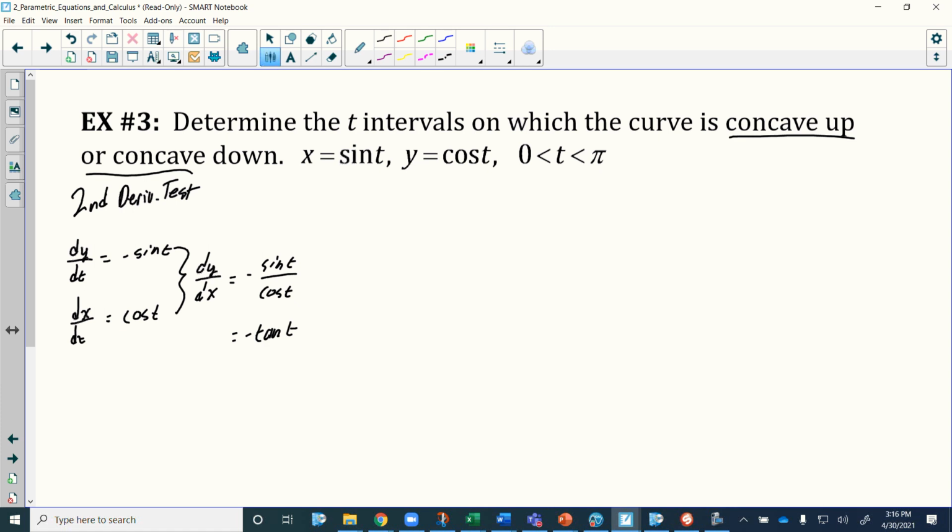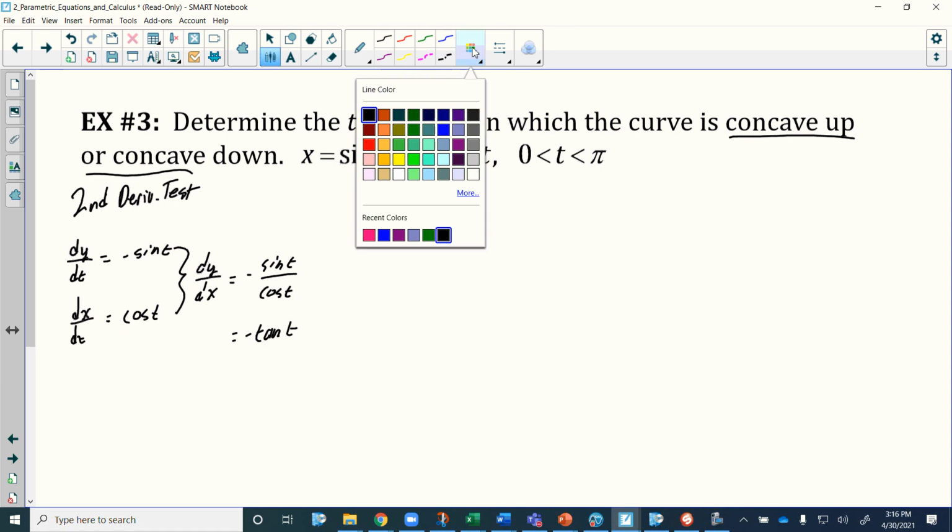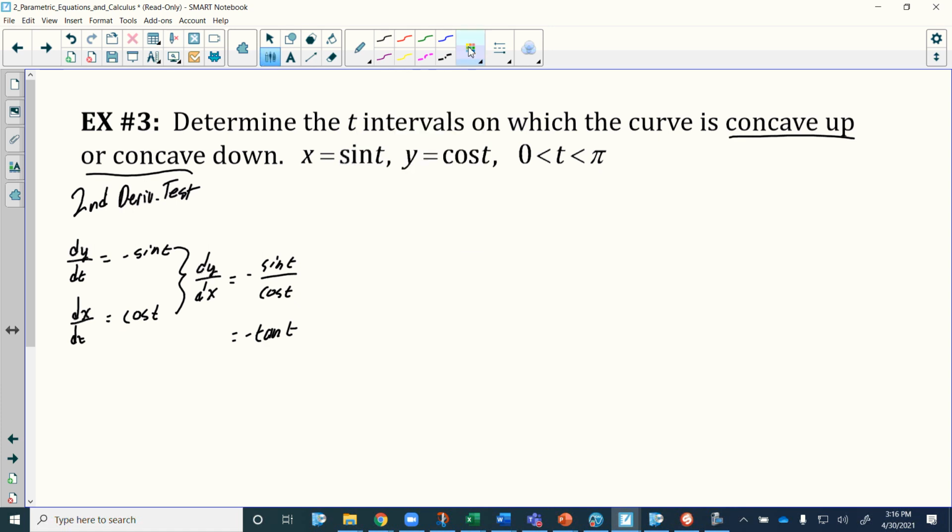So now we're going to find our second derivative. We'll do that in a different color, in green. The second derivative, d squared y over dx squared, remembering what we had before, is d/dt of dy/dx, over dx/dt.